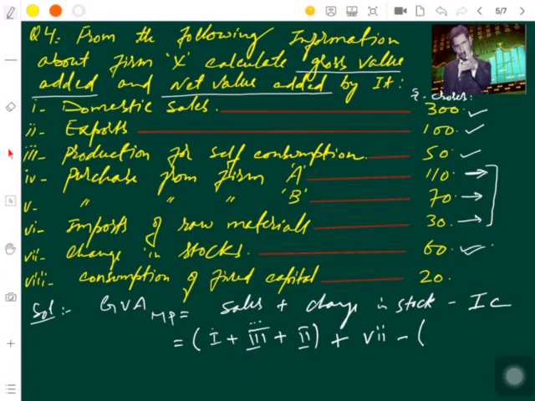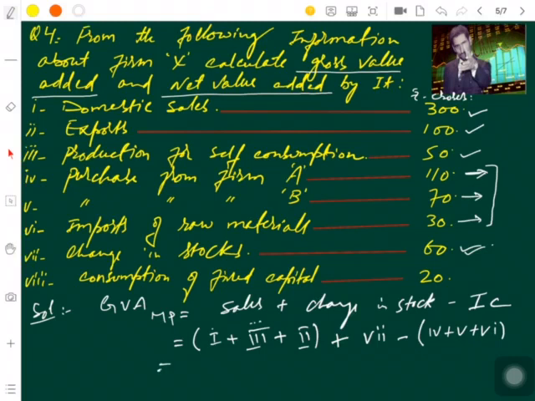Minus, we will club them: purchase from firm B is the 4th one, plus 5th one, plus 6th one. Okay, I am writing in short form. Please bear it, because I want you to understand it properly, so that you may have a look at your question and see how the answer is produced. But please elaborate each and every term. Do not write first plus third plus second. You must write domestic sales plus production for self-consumption plus exports, and so on and so forth.